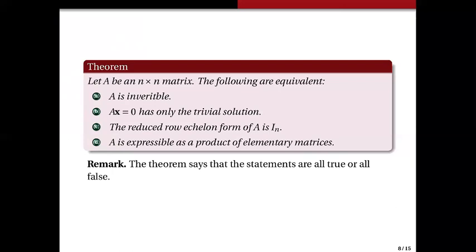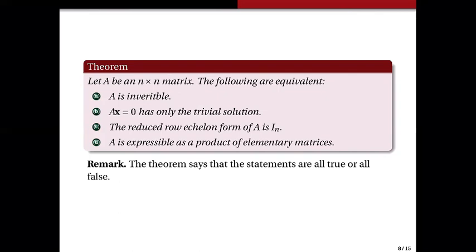Okay? Now, you look at this. You have a square matrix which is invertible. So if you try to reduce this, if you try to get the reduced row echelon form, you should get the identity matrix. Okay? This equivalence between A and C here is actually helpful in finding the inverse of a matrix if it is invertible.